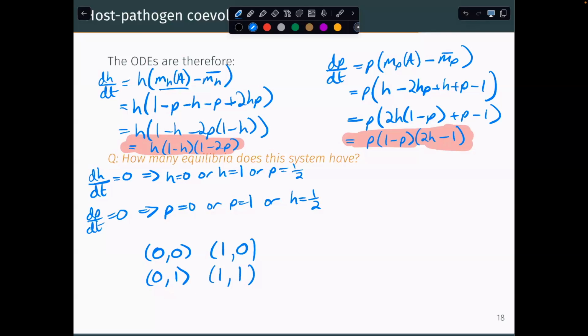So this term in brackets here has to be equal to 0, so 2H minus 1 must equal 0. So if P is equal to a half, H must equal a half. We have 5 equilibria.